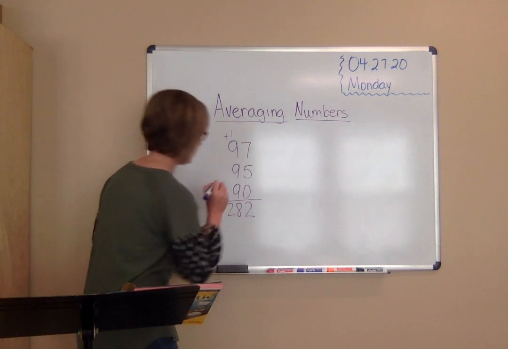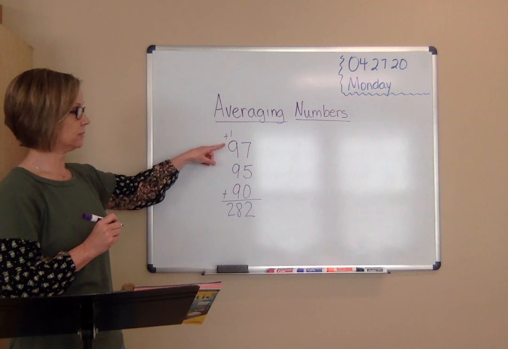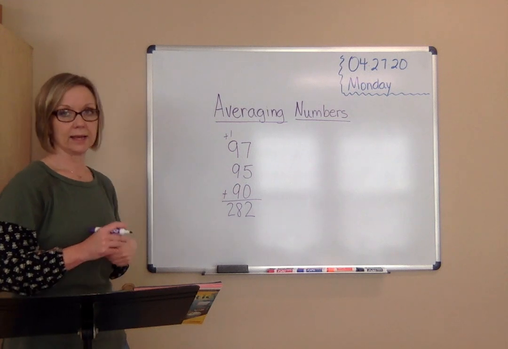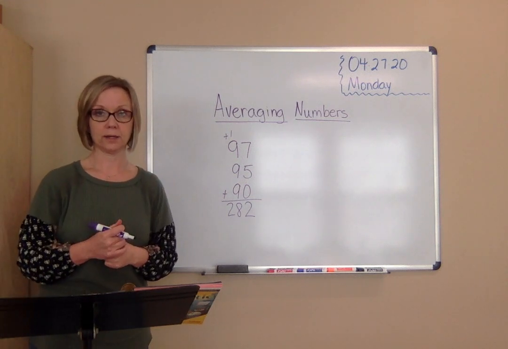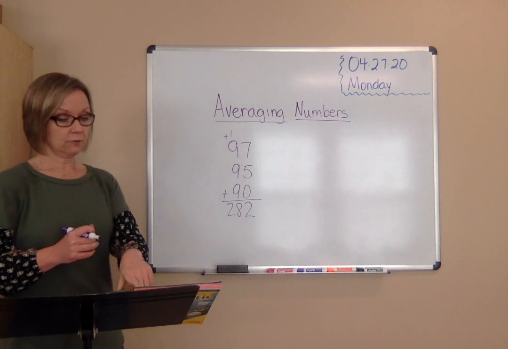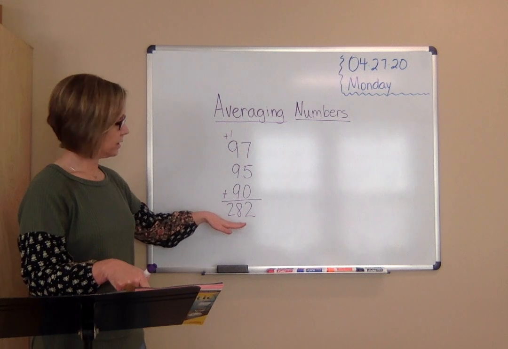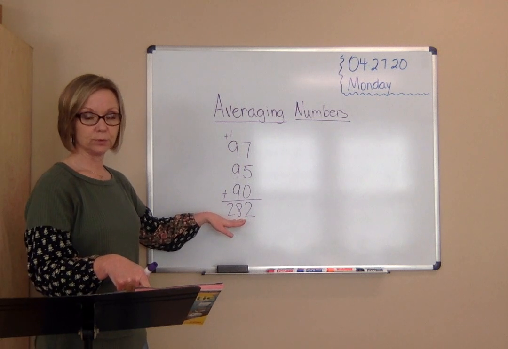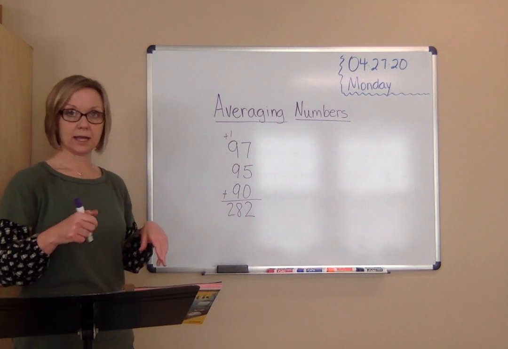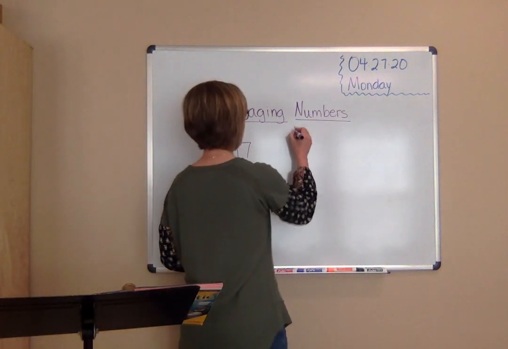Whatever you wanted to do there would be fine. You could do a 10 group, 9 plus 1 is 10, and then add down that way, whatever your mind likes to do. If you look in your box, we have our sum of 282. So our next step is we are going to divide.